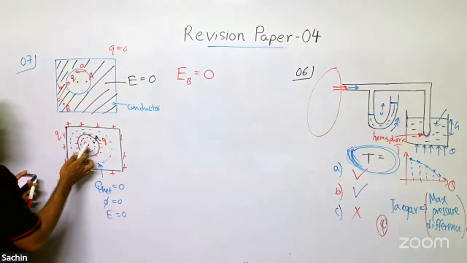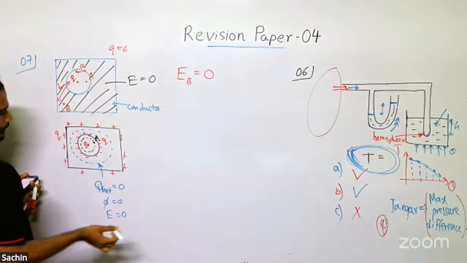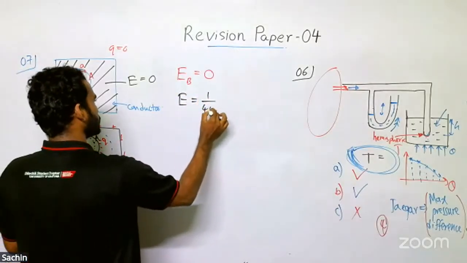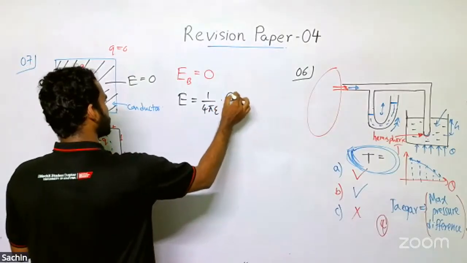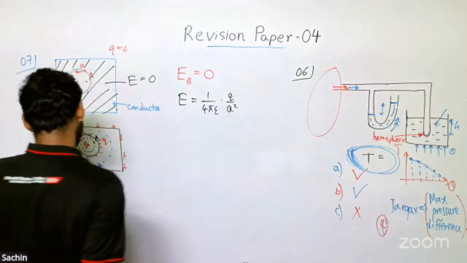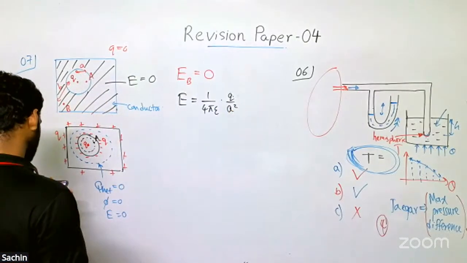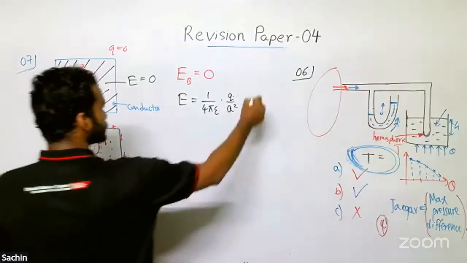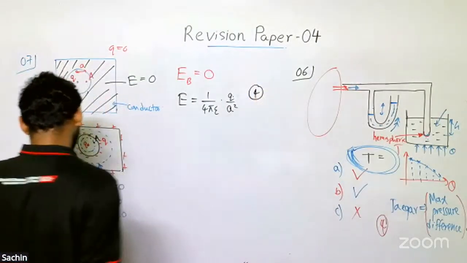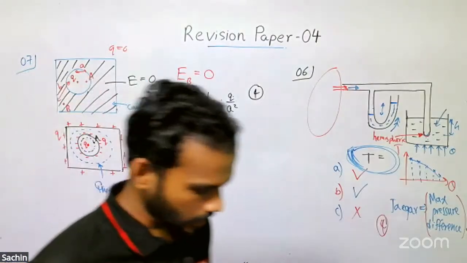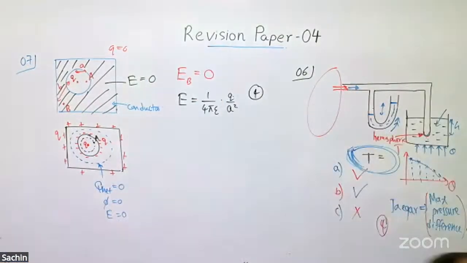So the charges inside only matter for the electric field. So it should be 1/4 pi epsilon naught, Q over r squared. So the respective answer is given in option 4, right? Answer is the fourth option.